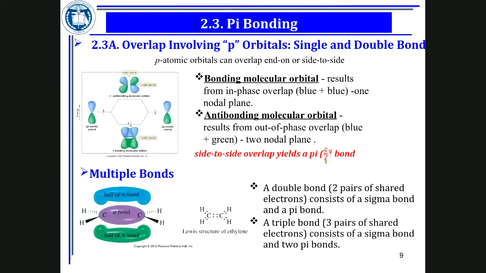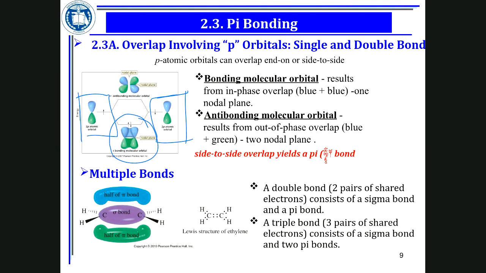Okay, another type of overlap is the overlap between two p orbitals, but when your p orbitals are facing each other parallel, not head-on. If they are facing each other in a parallel position, the type of molecular orbital that is going to form is different.